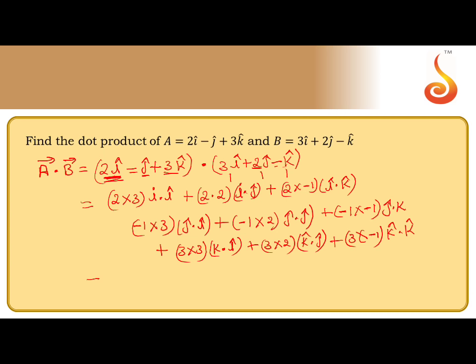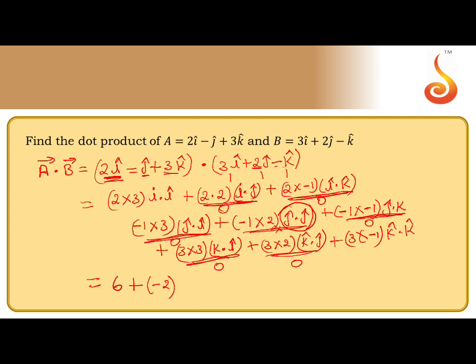Now if I look at these terms, i dot j, i dot k, j dot i, j dot k, k dot i, k dot j, all of these will be 0. i dot i is 1, so 3 into 2 is 6, plus j dot j is 1, minus 2, k dot k is 1, minus 3.